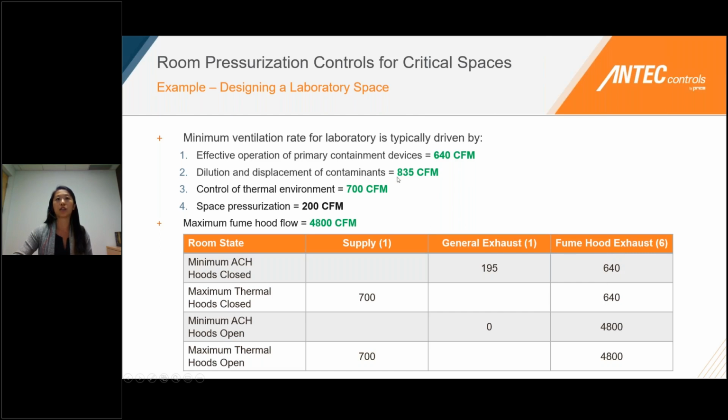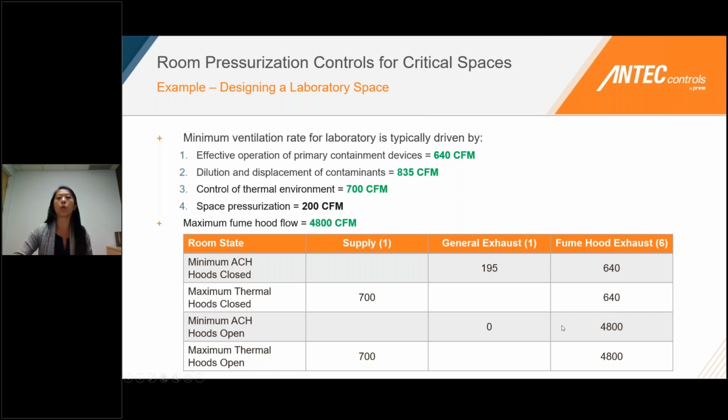So taking 835 and subtracting 640, we get 195 general exhaust. So our total exhaust in this scenario is still equal to 835 CFM. When we look at the scenario with minimum air changes and the hoods being open, we can see here that the fume hood exhaust is 4,800 CFM, which already exceeds the 835 CFM.